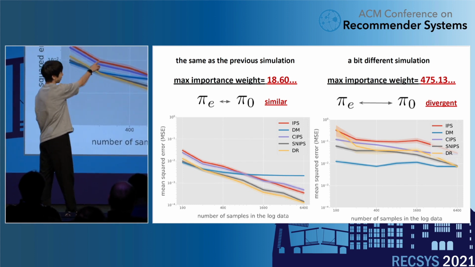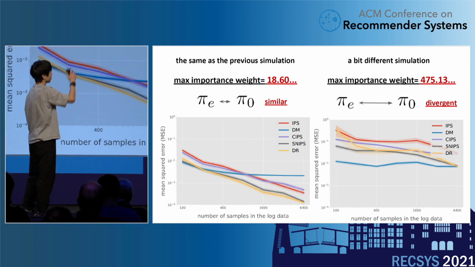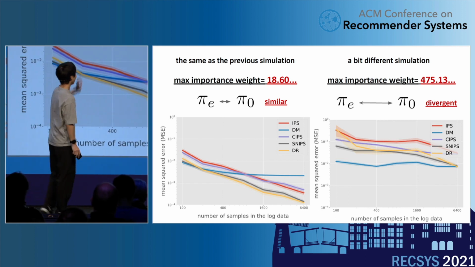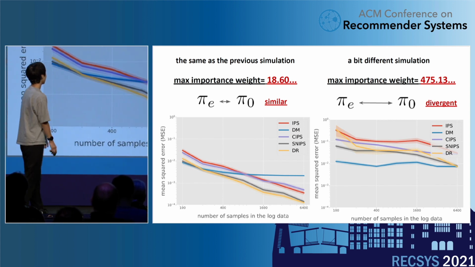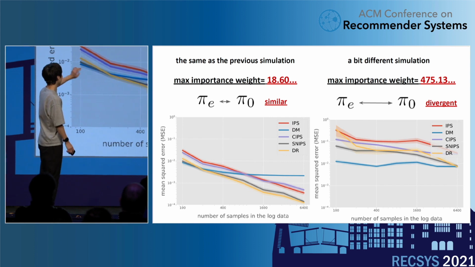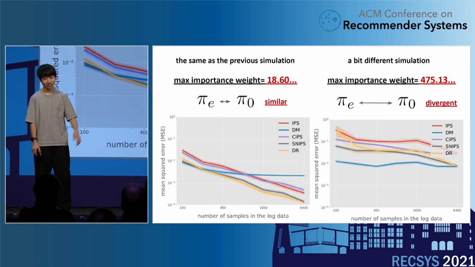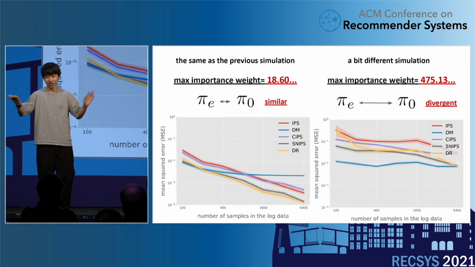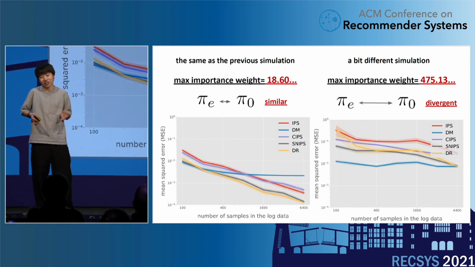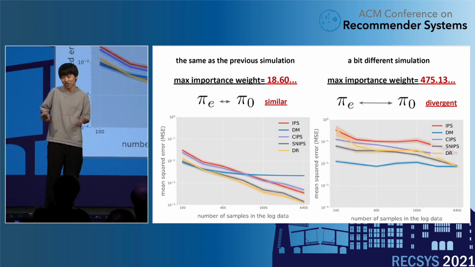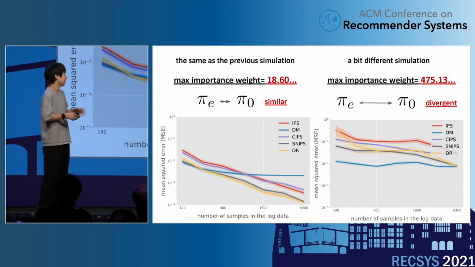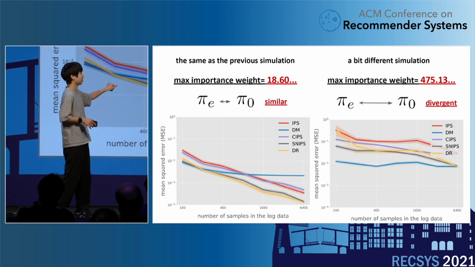And we see that the right-hand side result has a much larger maximum importance weight compared to the left-hand side result. So this means that on the left-hand side, the evaluation and logging policies are pretty similar, but the other side has very divergent policies. That's the only difference. The other experimental configuration is exactly the same between the 2 experimental results, and I got this result.